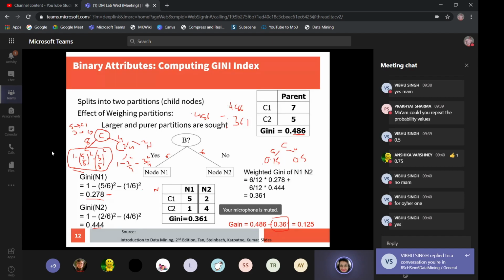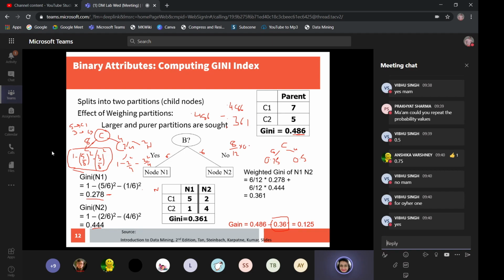the weighted Gini will be 8 by 12 into 0.75, it's all probabilities, plus 4 by 12 into, oh sorry, 0.5, sorry, 0.5.